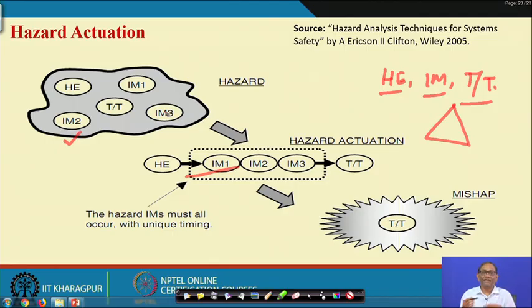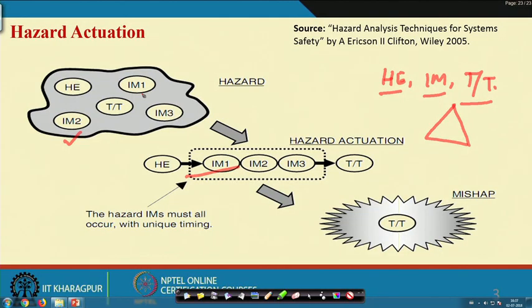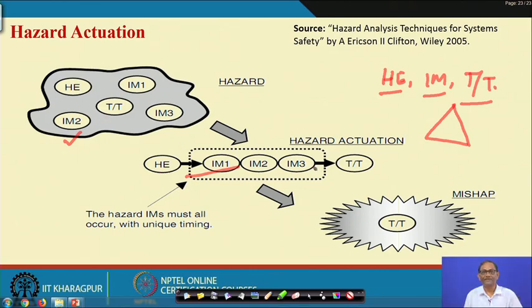They are basically hidden, haphazard, not making any chain of events. Now, it is the failure of the safety management to allow these elements to become a chain like this. Hazardous element, and then there are initiating mechanisms in sequence forming a chain, and then finally an accident has taken place, meaning the hazard has been realized into an accident, and that is a big problem.